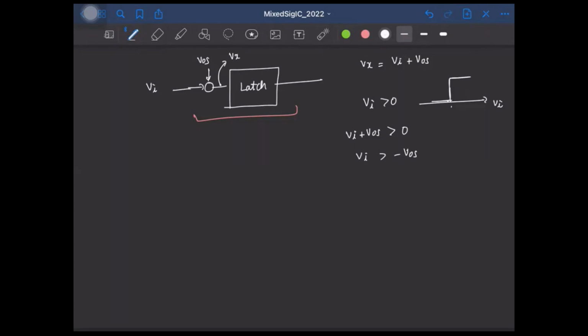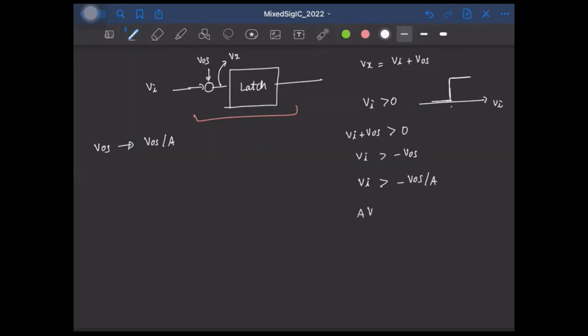Okay. Now let us say we want to reduce this offset from Vos to some Vos by A, right? That is, we want to reduce this offset by a factor of A. What can we do? Again, please pause the video and think. So if you want to reduce the offset by a factor A, we want the latch to toggle when Vi is greater than minus Vos by A, right?